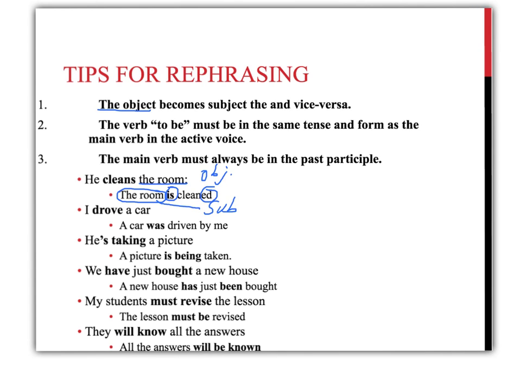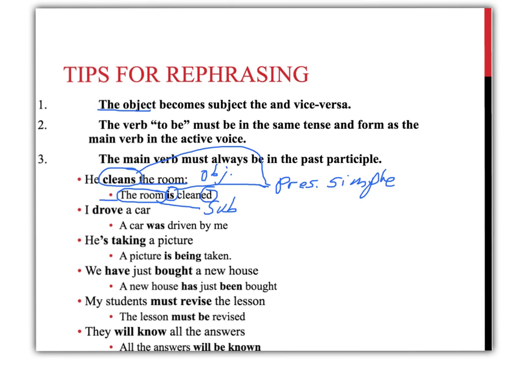Now notice that the verb to be is in the present simple. Why? Because the verb of the active voice is in the present too. So both verbs are in the present simple.